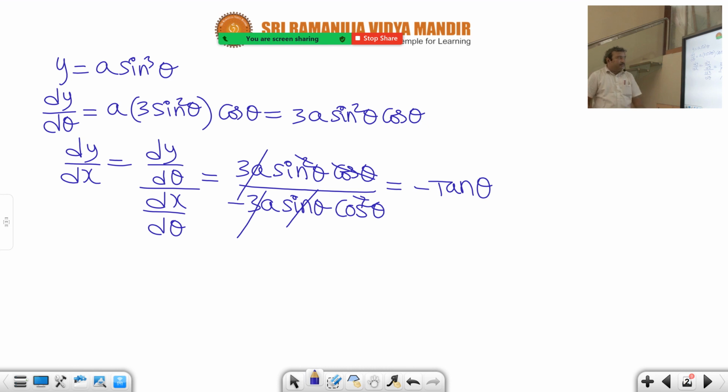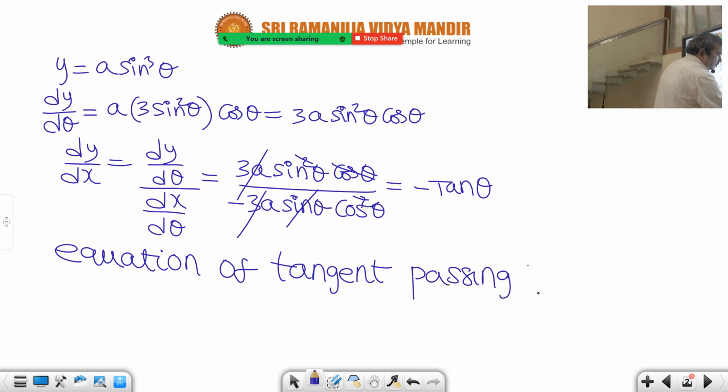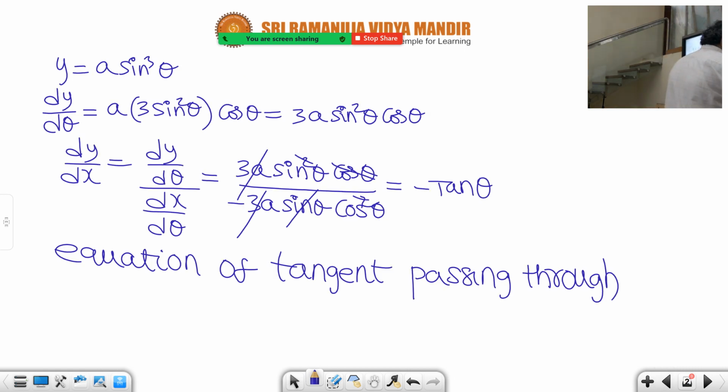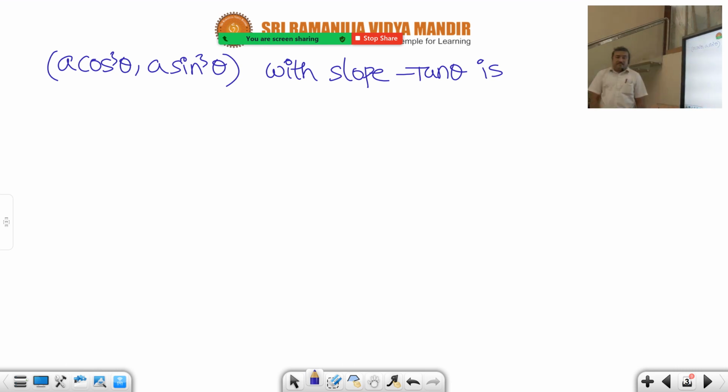calculate the equation of tangent. So like this, equation of tangent passing through a cos cube theta, comma a sin cube theta with slope minus tan theta is y minus y1 is equal to m into x minus x1.